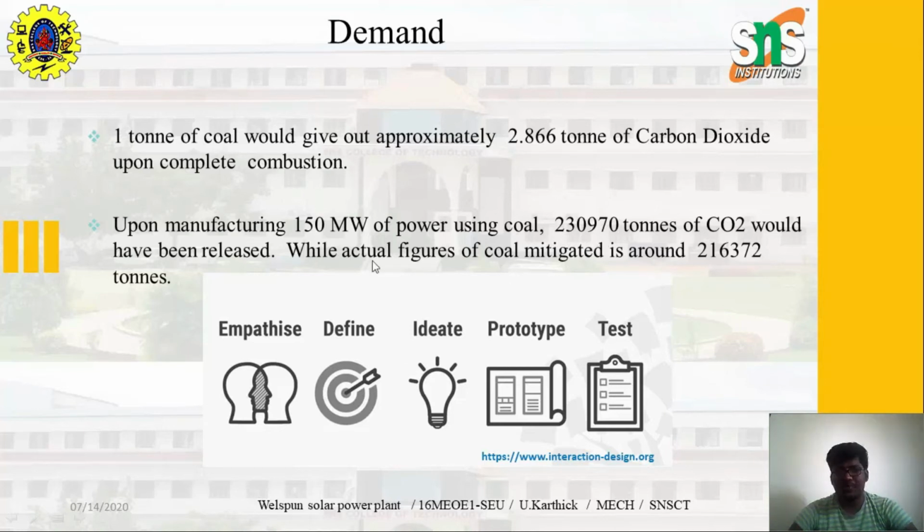Which is very high. So in order to avoid that, if we implement green energy sources like solar PV panels and windmills, we can minimize the CO2 level. It also minimizes global warming. That is the main concern about that project.